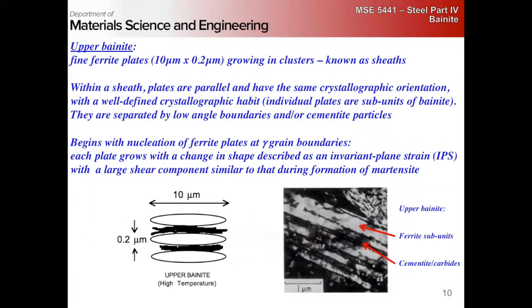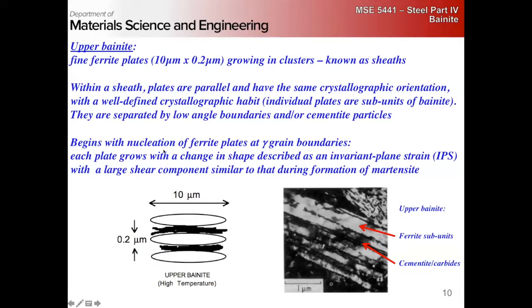Okay, so upper bainite, the microstructure is these plates that grow in clusters that we call sheaves. Within a sheaf we have plates that are parallel and have the same crystallographic orientation. The sheaves are going to be separated by a low angle boundary or cementite particles, because they're going to be approximately the same crystallographic orientation.